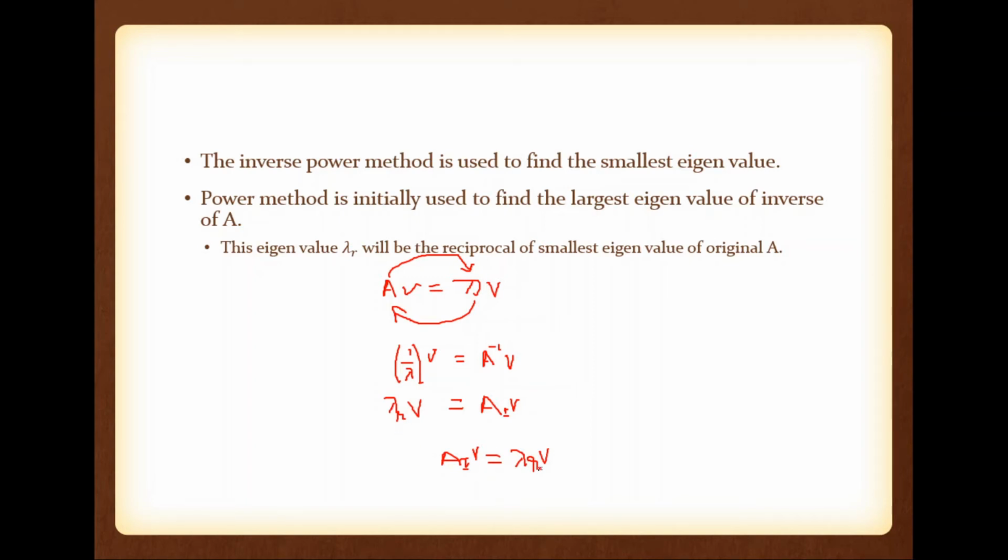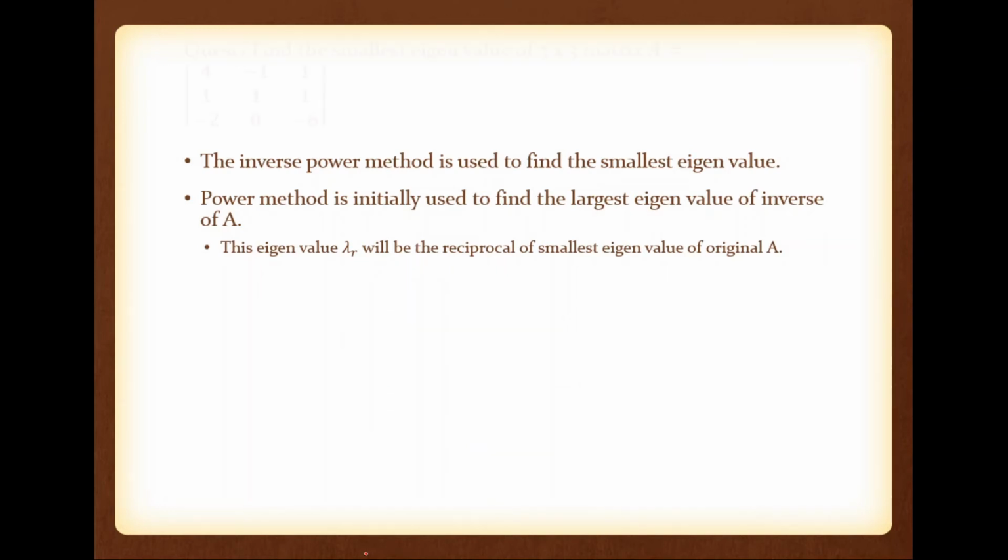So taking the reciprocal of lambda r will give lambda, and definitely it will be the smallest eigenvalue of A. And whose eigenvector is V? You can see that V is not changed. In both cases the V is the same. Through an example, I think you can understand this process, the inverse power method.